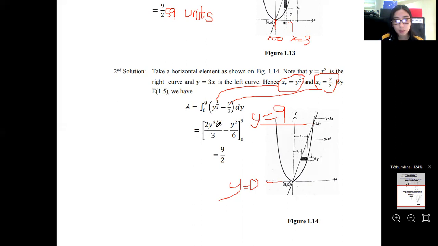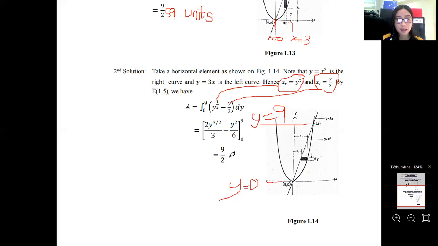Okay, so using the power rule, now we have 2y to the power of 1/2 plus 1, which is 3 halves, over 3. So 3 halves, and we place the 2 in the numerator, okay? Minus y squared over n plus 1, which is 2 times 3 is 6, from 0 to 9.